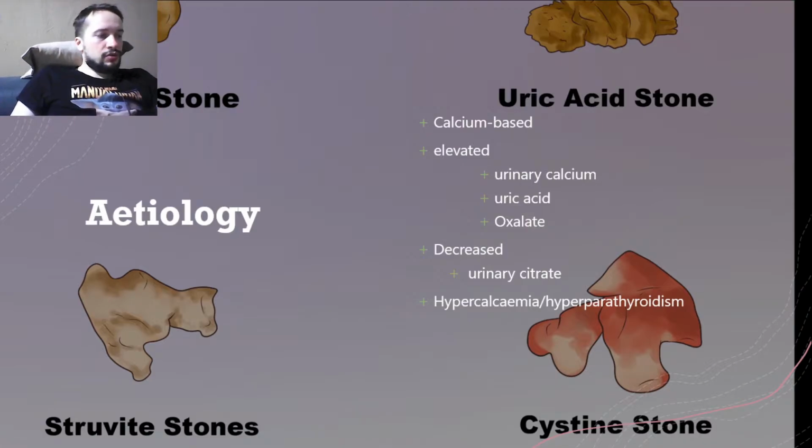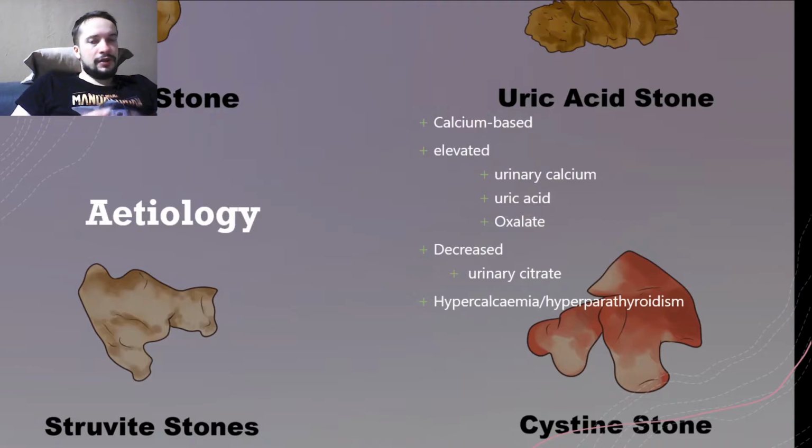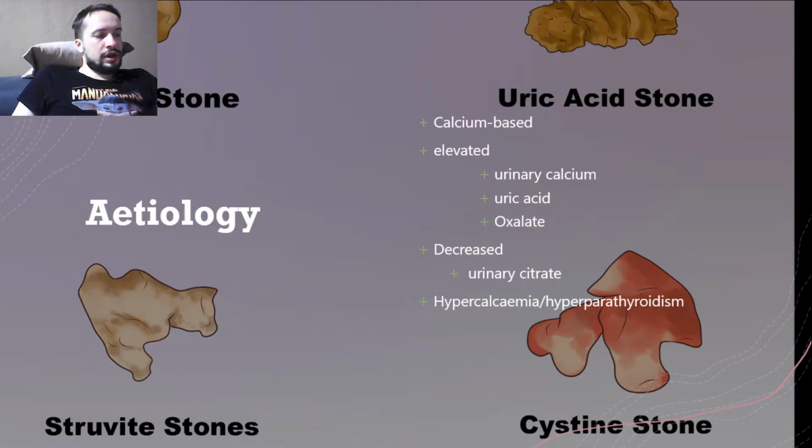Calcium-based stones account for the vast majority of all renal calculi, 80-85% of all stones. These are usually due to elevated urinary calcium, uric acid, or oxalate, or decreased urinary citrate, an inhibitor of stone formation.